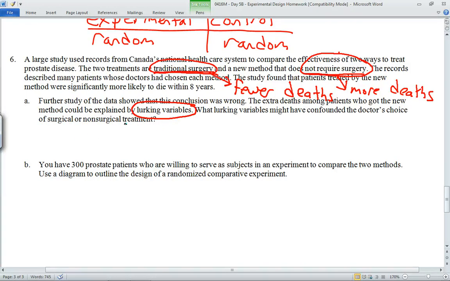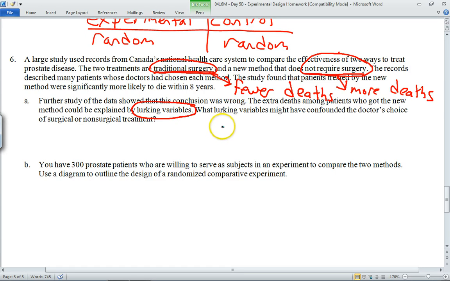So, can you think of any variables that might lead to more deaths or fewer deaths besides the choice of whether they had the surgery or not?